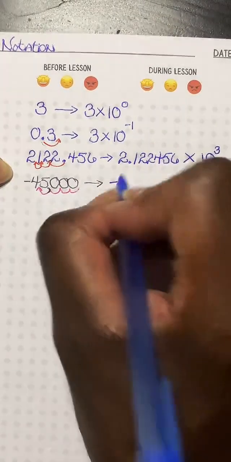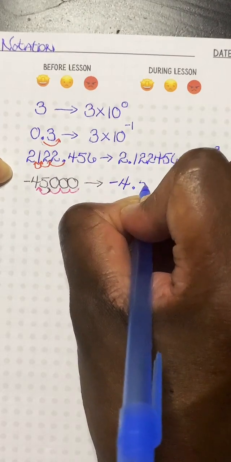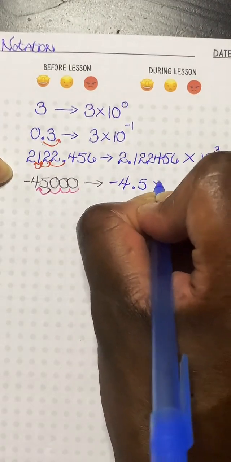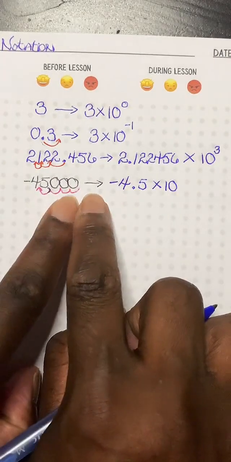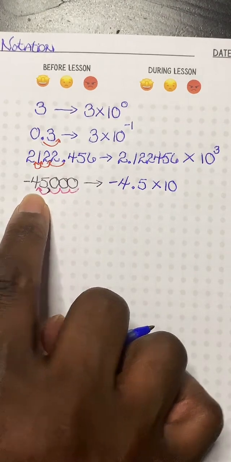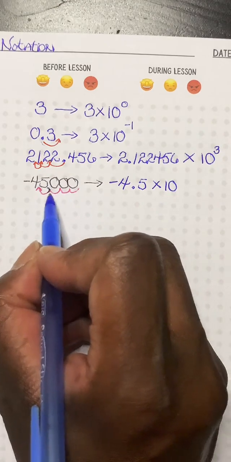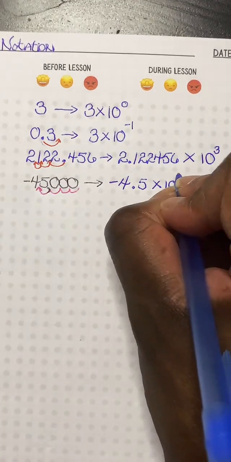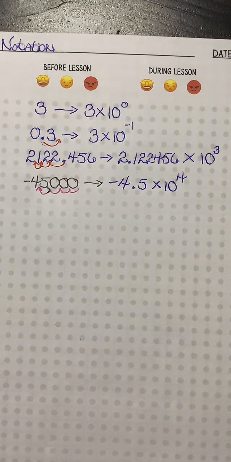Now it's going to be 4.5 times 10, and since we went from large to small, we moved it to the left, it's going to be a positive exponent. And how many times? 1, 2, 3, 4. So it's going to be to the 4th power. I know a lot of people are like, oh, you can add this, you can subtract that.